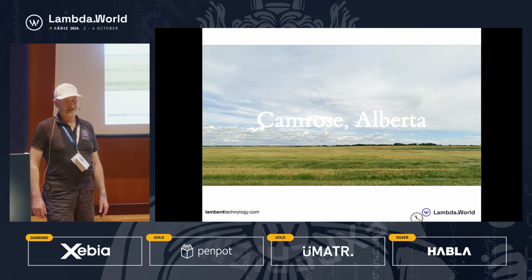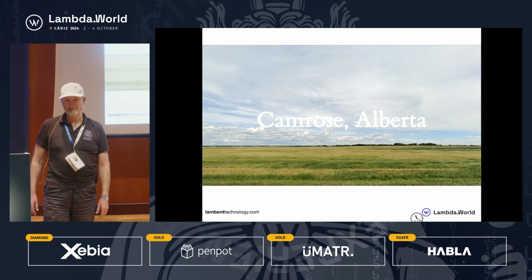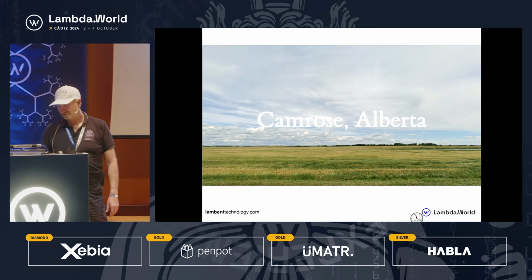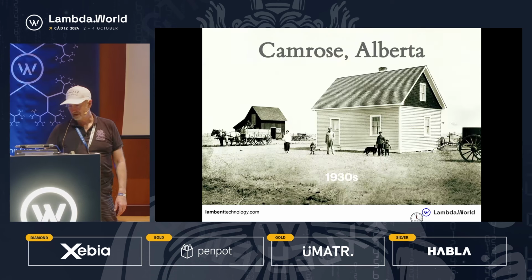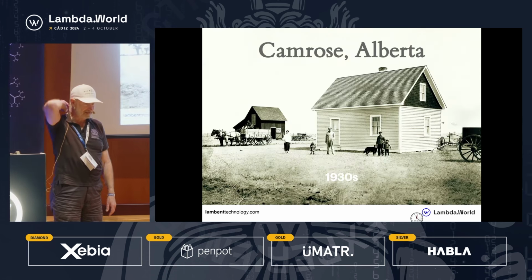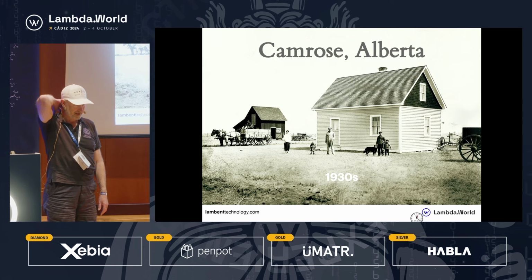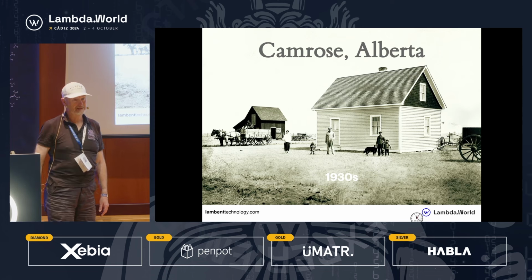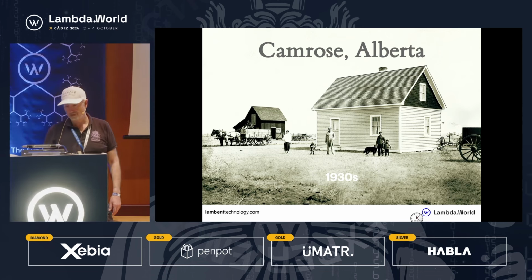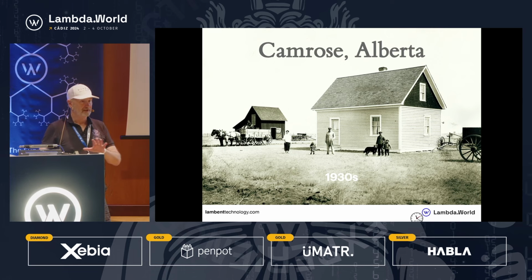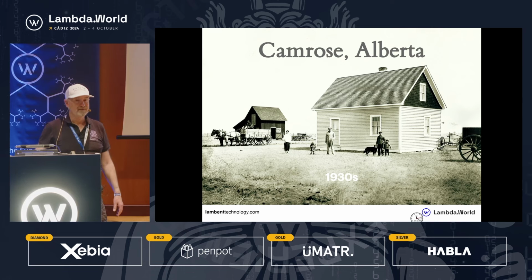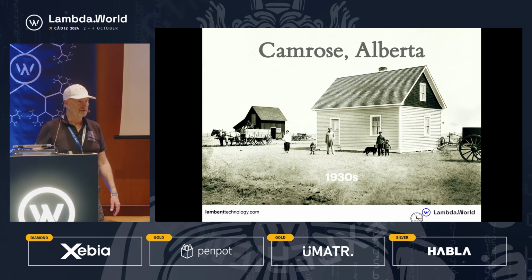This is the Google Street Maps picture of Camrose, Alberta. And that's what it looked like in 1930, at the beginning of the Great Depression. The plains, after they'd been cleared of buffalo and Indians, were a very hard environment for the original settlers.